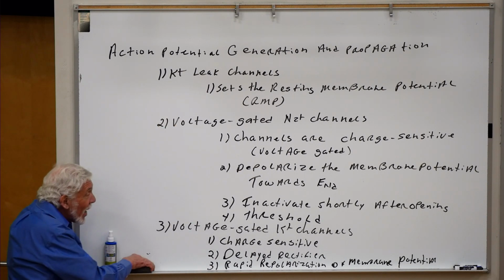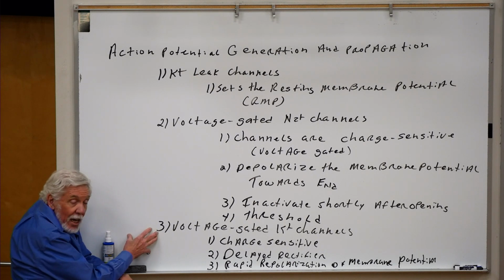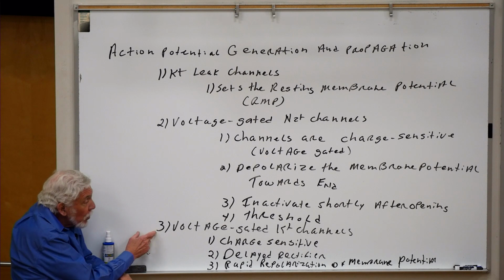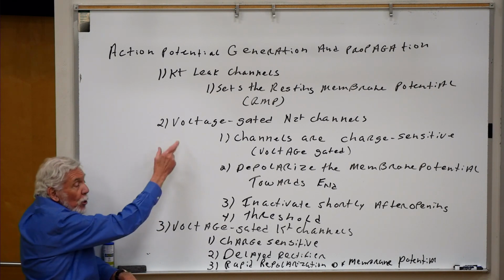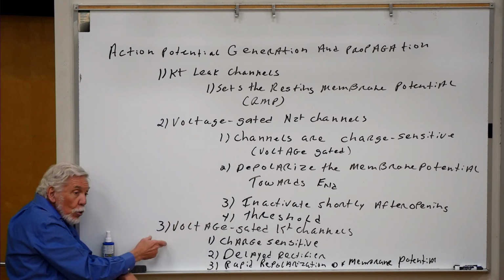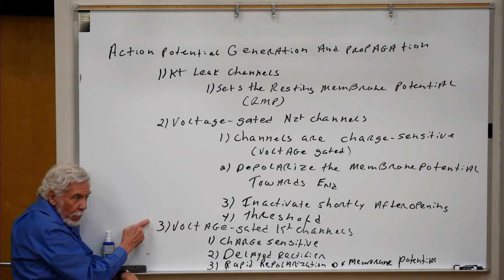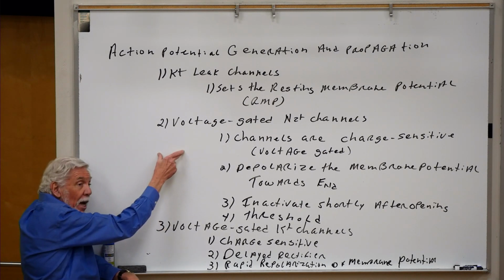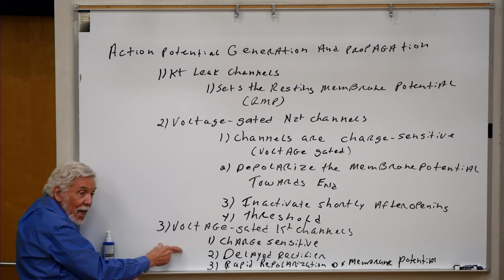But it's important to recognize that we're now going to invoke a new set of potassium channels. These potassium channels are voltage-gated potassium channels. So just as we use charge to open the sodium channels, we're now going to use positive charge to open the potassium channels. Once the potassium channels are opened, as long as the sodium channels are closed or inactivated, now the dominant permeability will be to potassium.